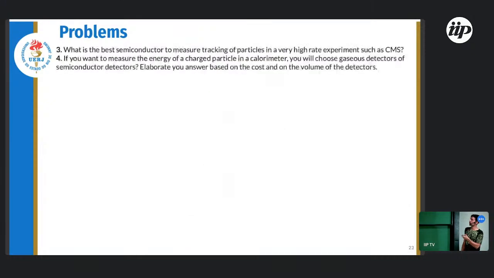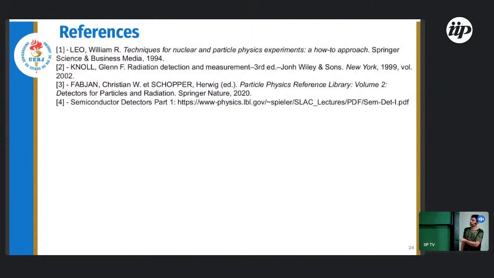And then third, I ask you just to name the best semiconductor to measure tracking particles. I talked about this. And the last one is: if you want to build a calorimeter, do you choose a gaseous detector or a semiconductor? So you just explain why you make this choice. Okay. These are the references. You can check these books, and that's all.